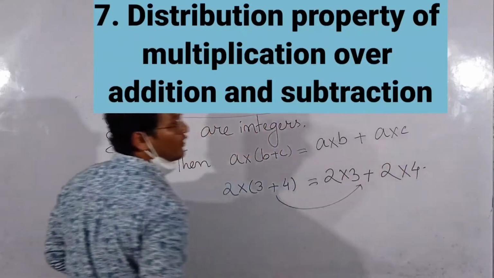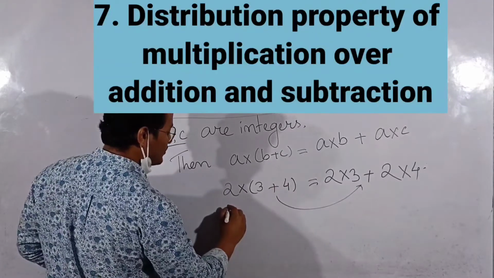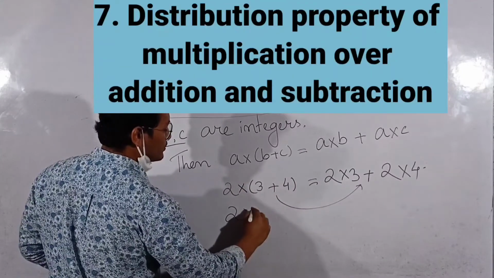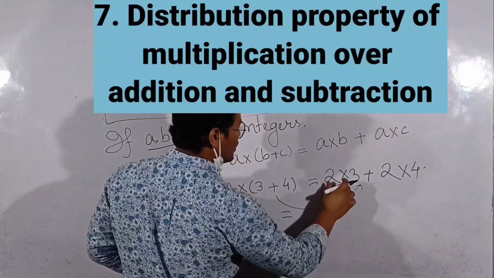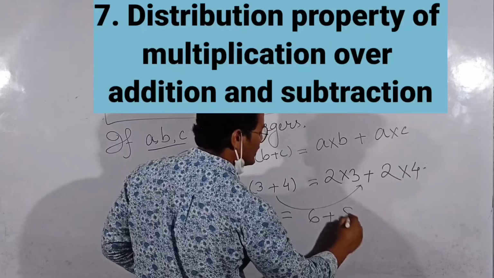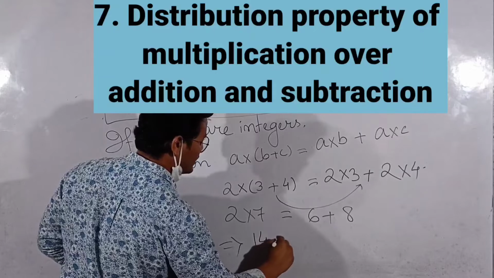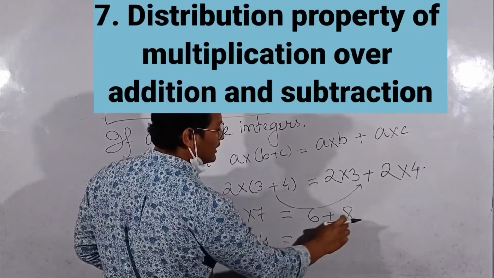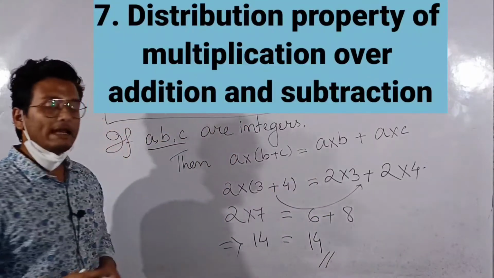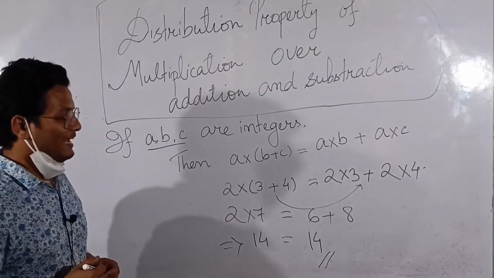Now let's check if LHS and RHS are equal. 2 into 3 plus 4: 3 plus 4 is 7, and 2 into 7 is 14. On the other side, 2 into 3 is 6 plus 2 into 4 is 8, which is also equal to 14. Same. Try the minus case yourself and see if you get the same answer.